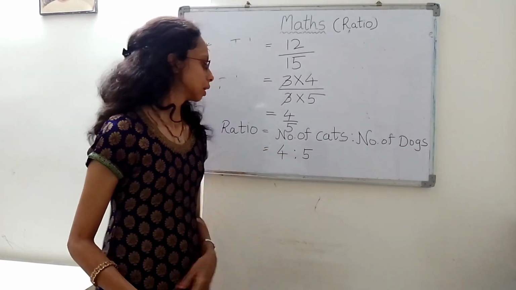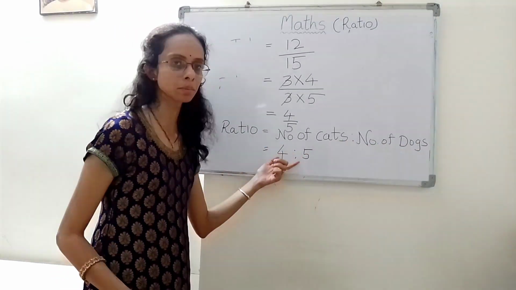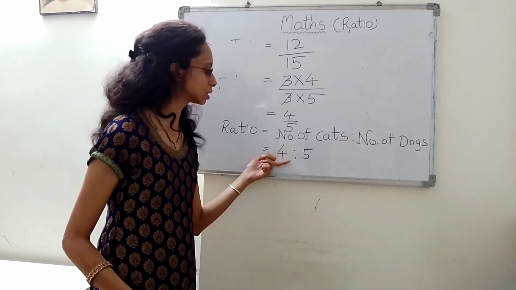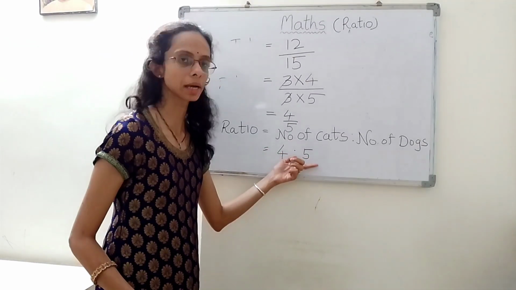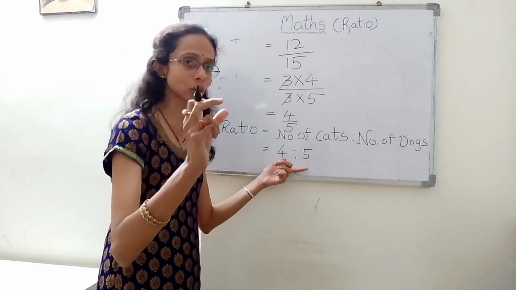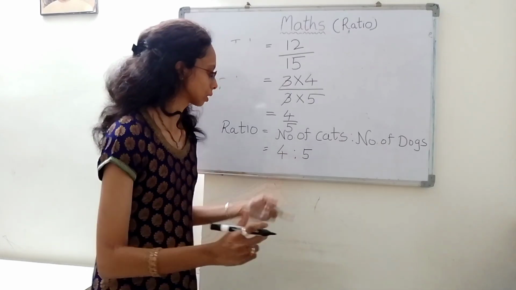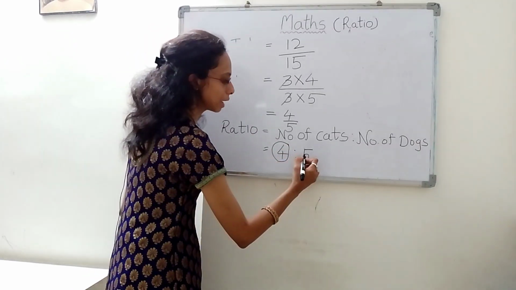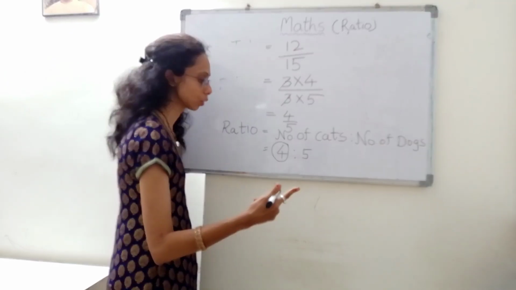That means the total number of animals is how many? Here 4 plus 5, the number of cats plus the number of dogs. That means 9. So for every 9 animals in total, there are 4 cats and 5 dogs. Okay.